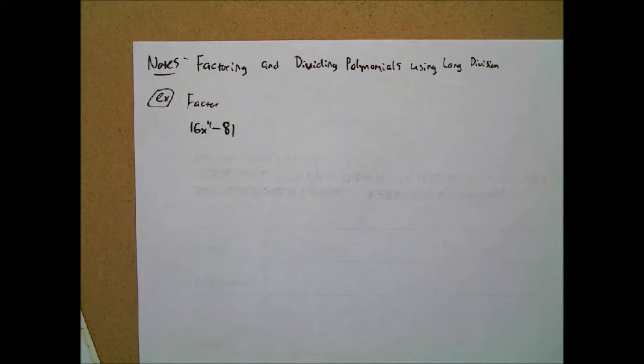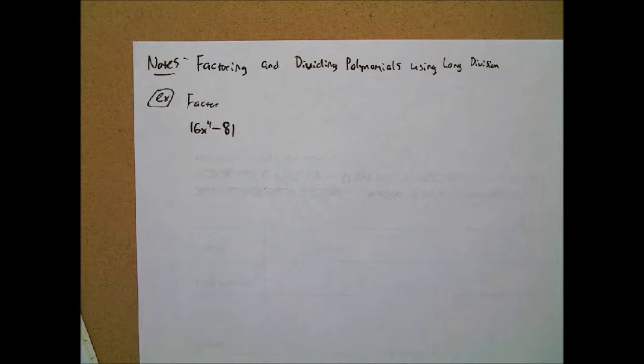So let's go back through our different skills that we have to factor. First of all, does GCF work here? Is there a greatest common factor that we can take out of these two terms? Is there something in common to both terms that we can take out? Both divide by 4? I don't think 81 divides by 4. Nope.